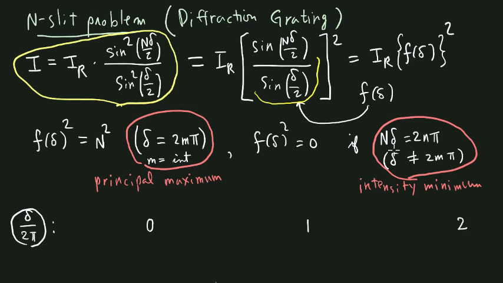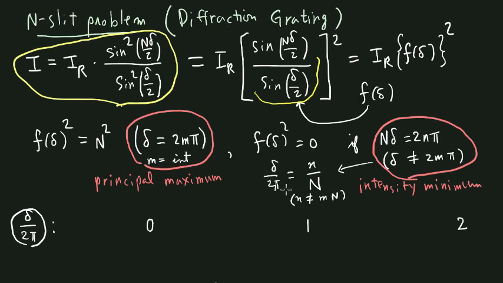But in between, let's look at this intensity minimum condition. This implies that delta over 2 pi is n over N, except that when n is some multiple of N, delta over 2 pi becomes an integer, and that's ruled out here. So n cannot be a multiple of N.